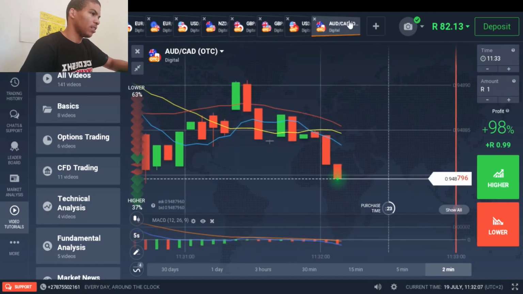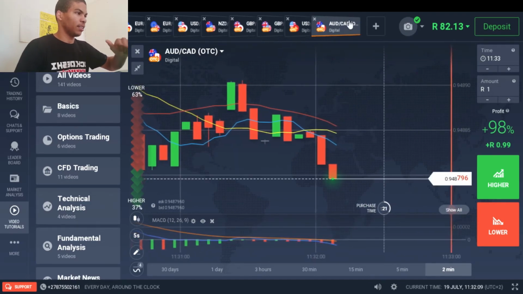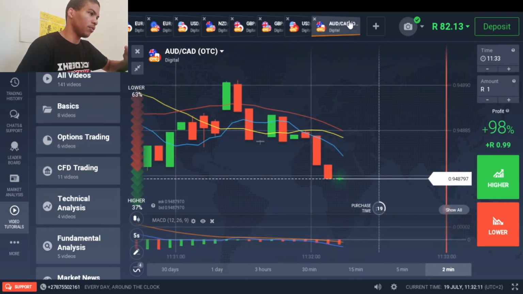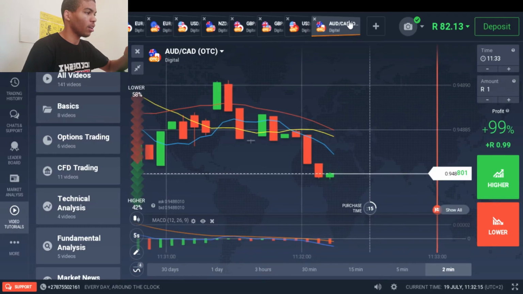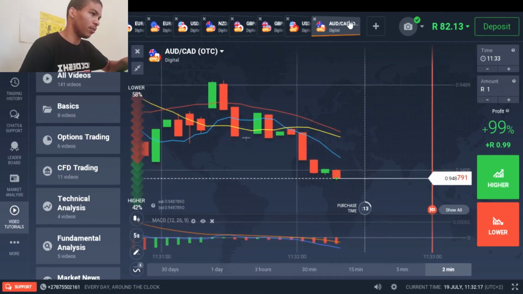Okay, so what we have thus far is that the red is the heaviest, which influences the blue. But the blue and the yellow is crucial in knowing if you're going to go higher or lower.